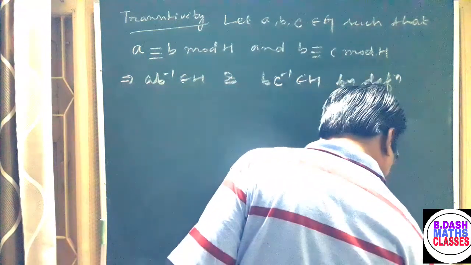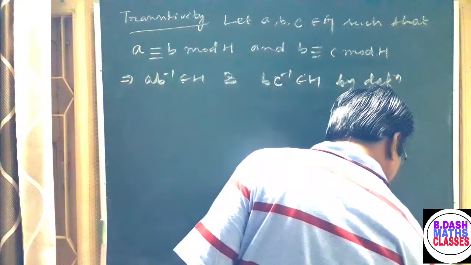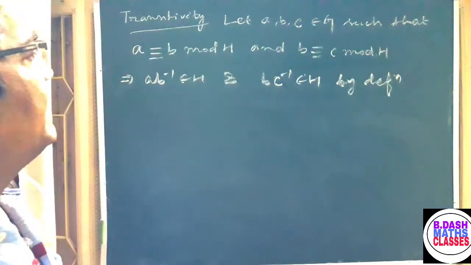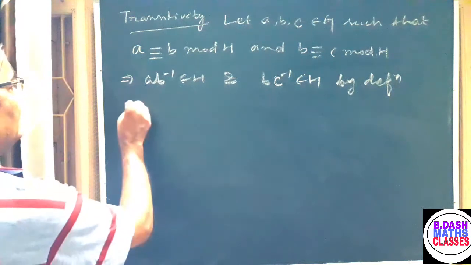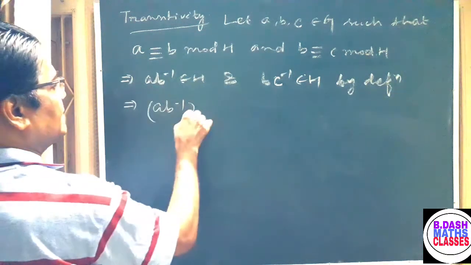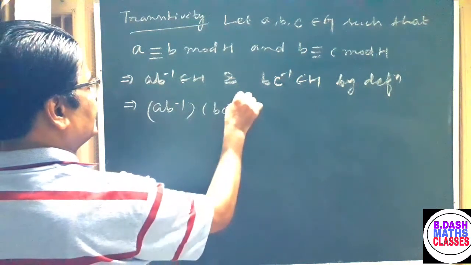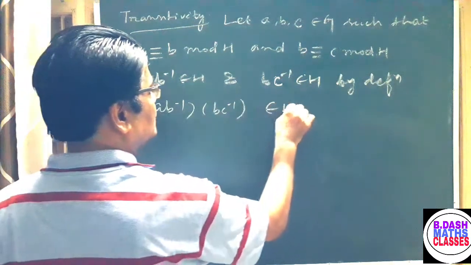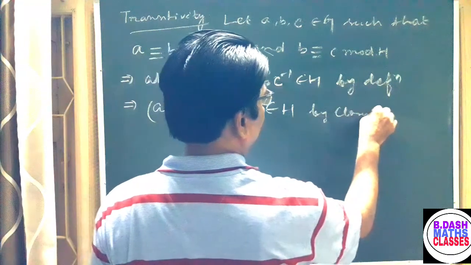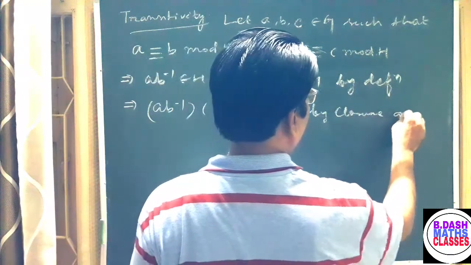So now we have two elements, a b inverse and b c inverse, belonging to H. So this implies a b inverse times b c inverse belongs to H by the closure axiom.